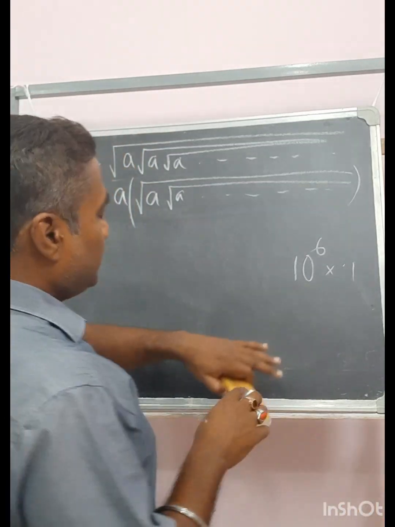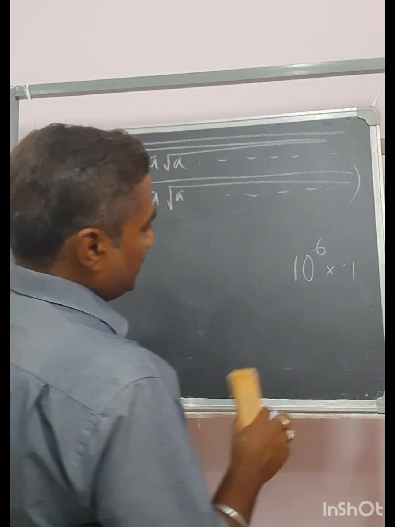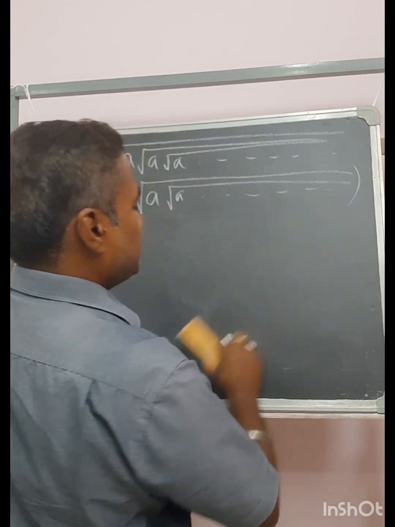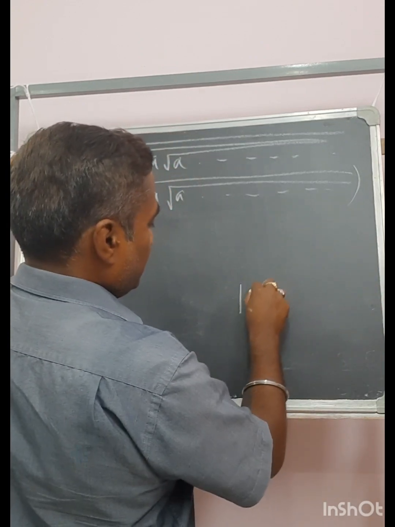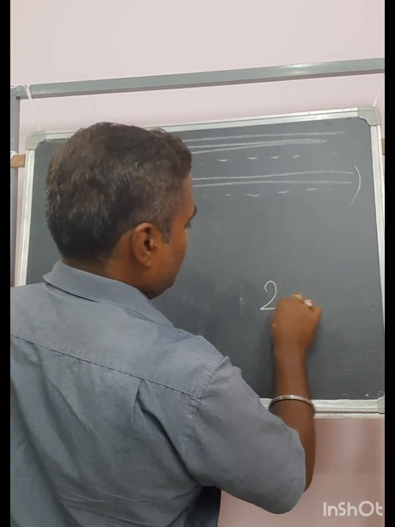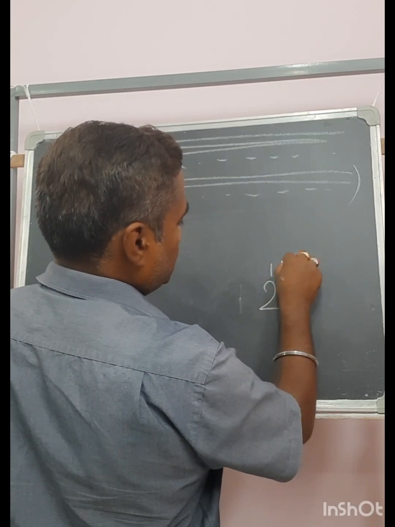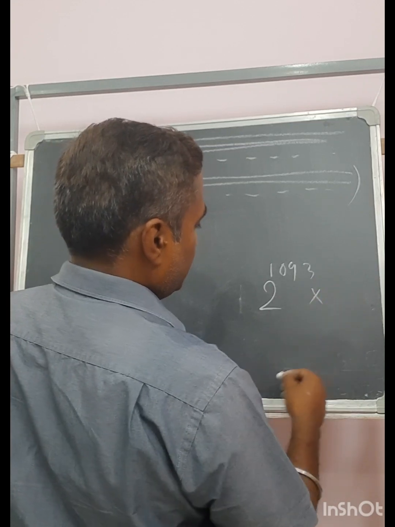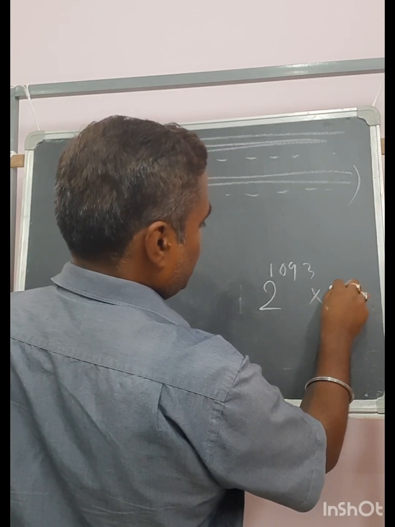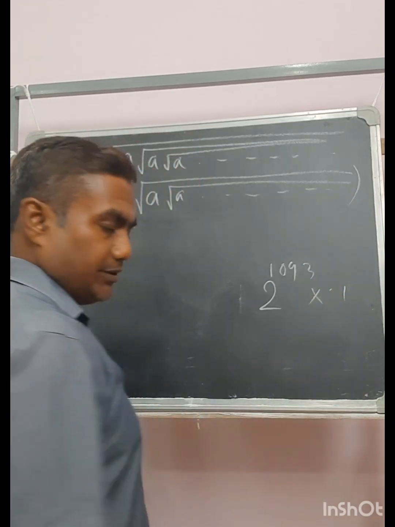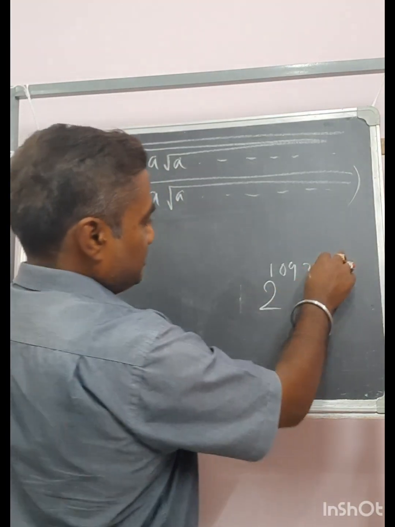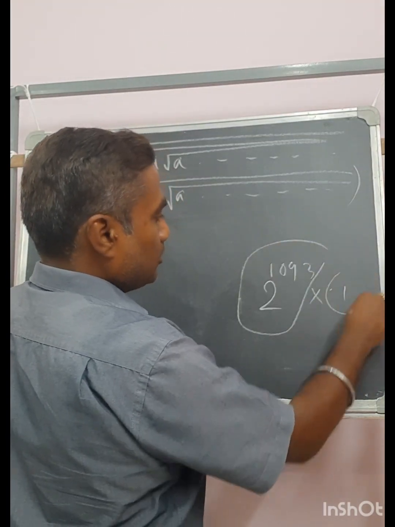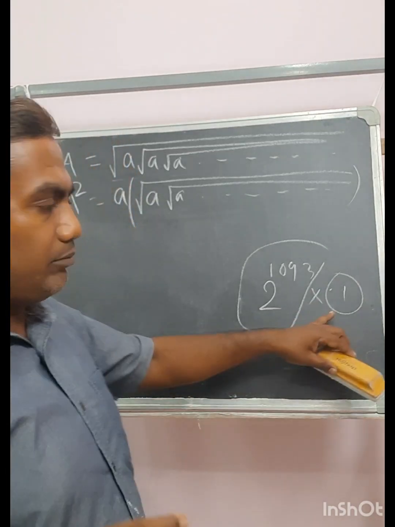In other terms, if I take such a big number, let's say 2 to the power 1093, and multiply it with something like 0.1, this term is so big that 0.1 will not give much change in the number.